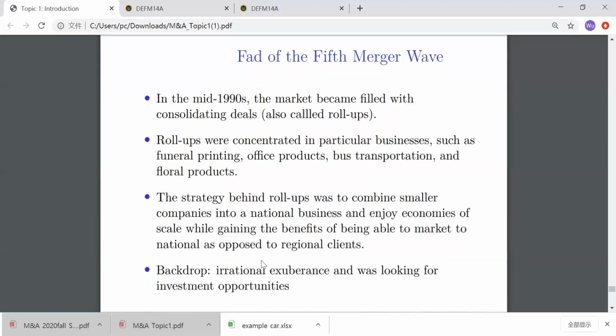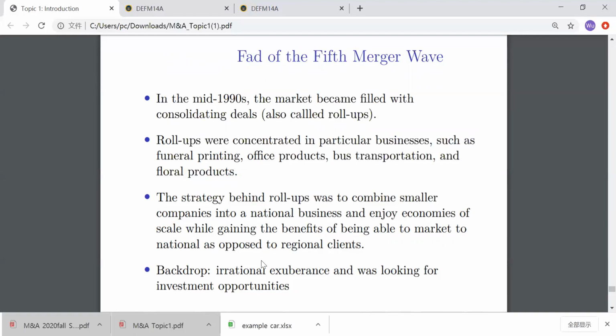Another feature of the fifth merger wave is acquisitions called roll-up acquisitions, concentrated in particular businesses like funeral services, printing, office products, etc. The idea was to combine smaller companies into bigger ones. By combining those smaller firms, they can enjoy economies of scale and also have access to a national market.